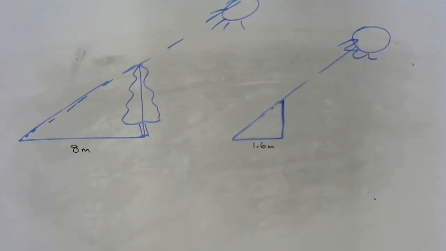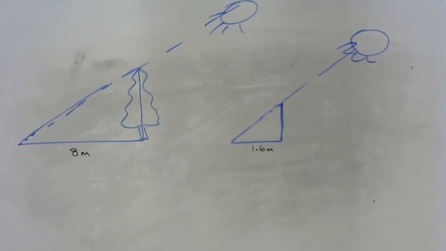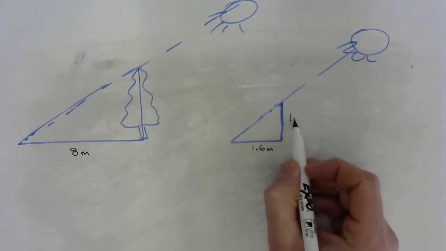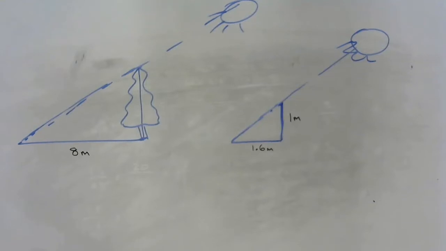Well, Mr. V, when you relate two lengths to each other and they have the same units, then we call that a ratio. Good. But that's the only information that they're given, or is it? Is there other information in this diagram that I haven't written down? How about the length of the meter stick is 1 meter?